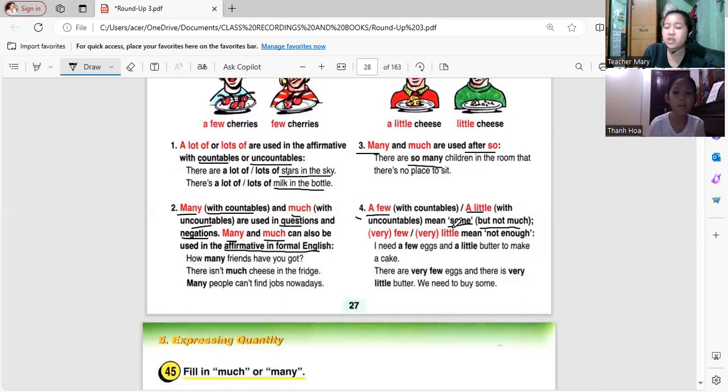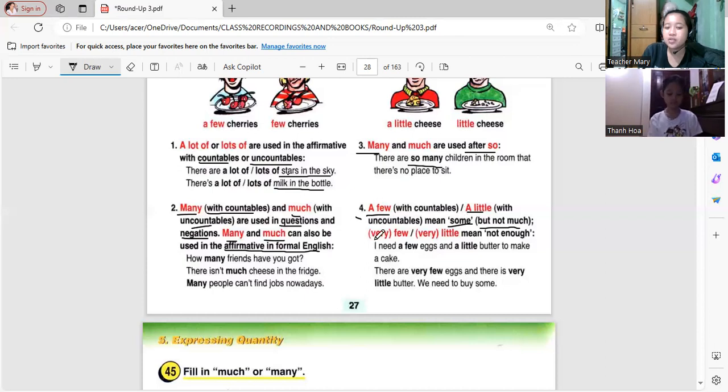So either you can use some, or a little or a few. Like a little jam of bread or some jam of bread.